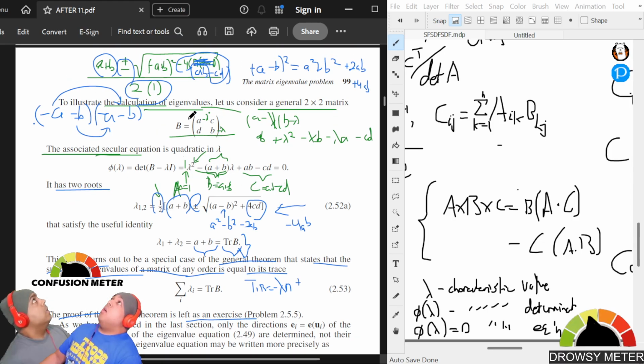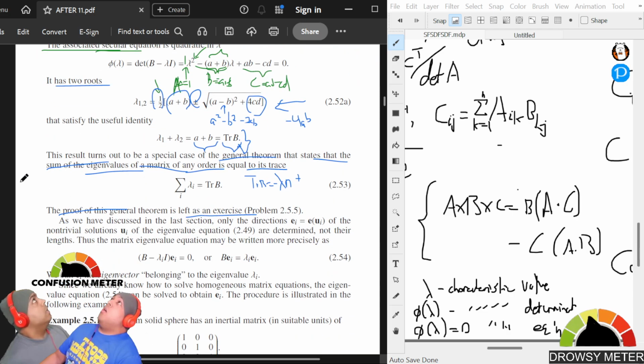Oh well, that's just this, right? That's just for 2 by 2. Okay, well, let's roll with it. I think I've proved it enough to myself. The sum of the eigenvalues equals the trace.